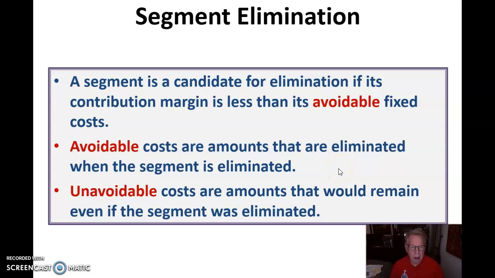Unavoidable costs are the amounts that would remain even if the segment was eliminated. And because we often use allocation methods for fixed costs, this gets very confusing for managers to really understand how this works. That's why they need us.